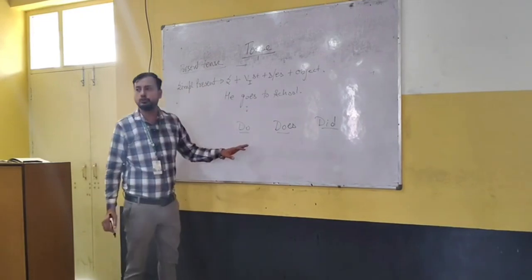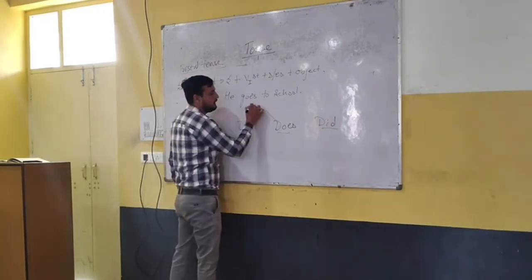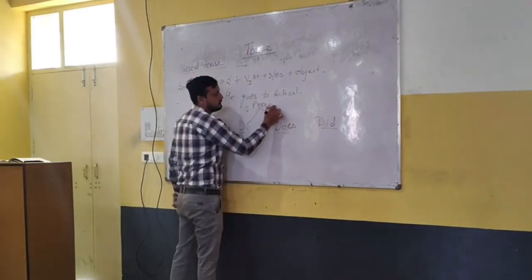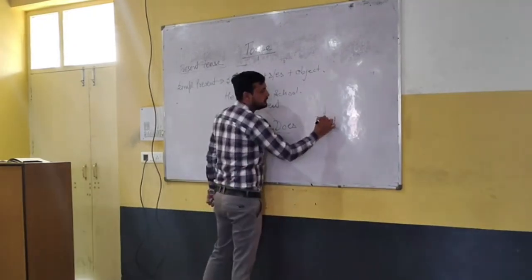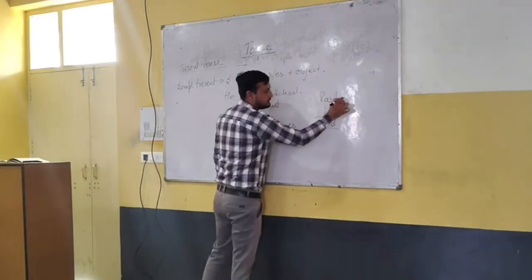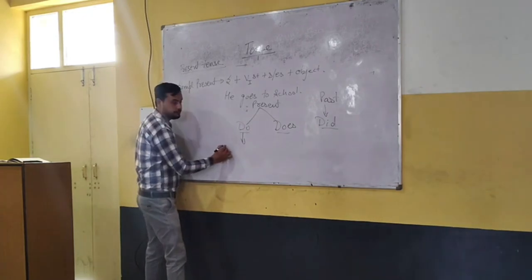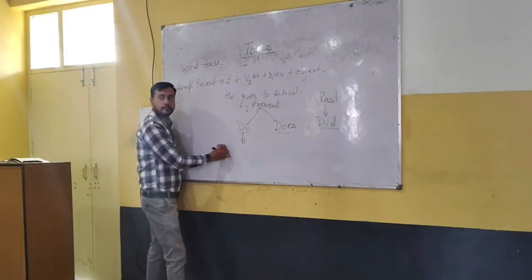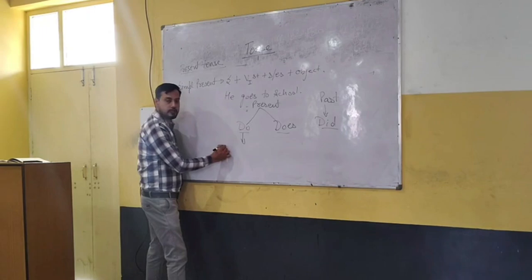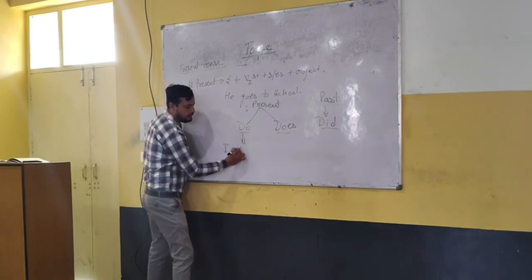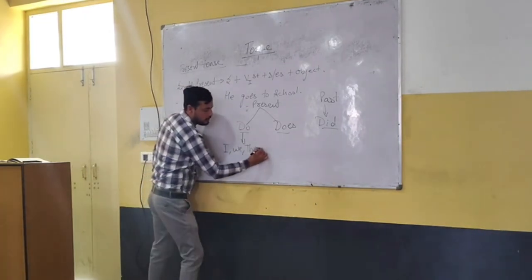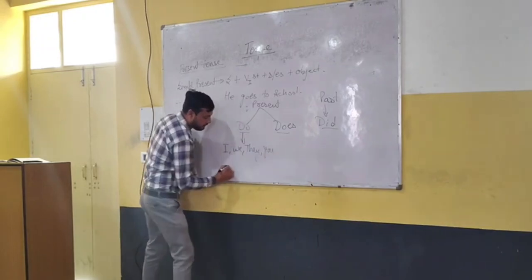Where can we use do and does? In the present tense. Clear? Did, we use in the past tense. Clear? Do associates with I, we, they, you, or plural nouns.